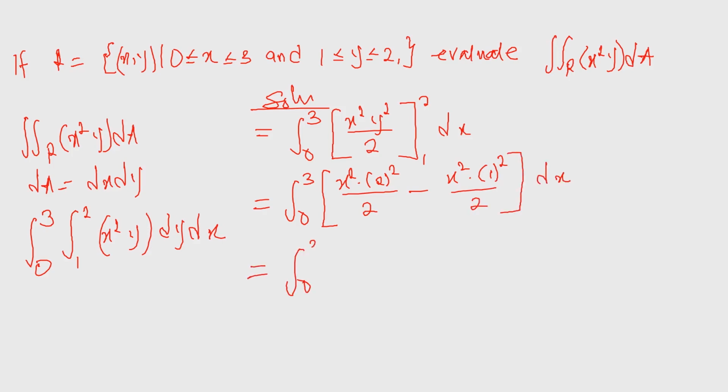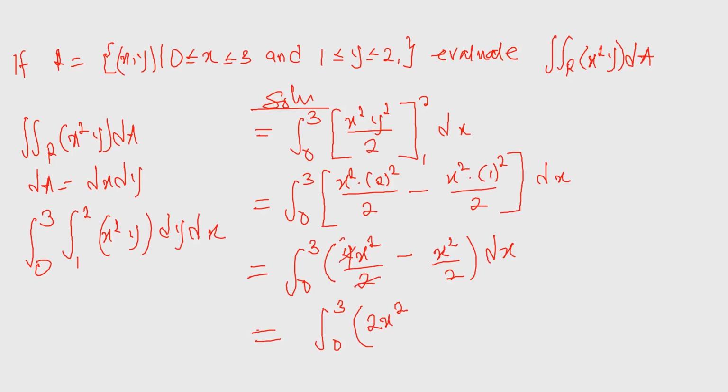This gives you the integral of 4x squared over 2 minus x squared over 2 dx, which gives you the integral of 2x squared, because the 2 will cancel the 2, minus x squared over 2 dx. Then we have the integral of 2x squared minus x squared over 2 dx.